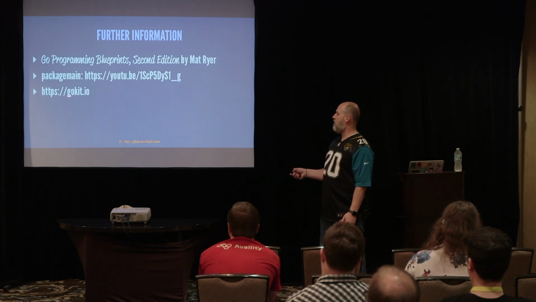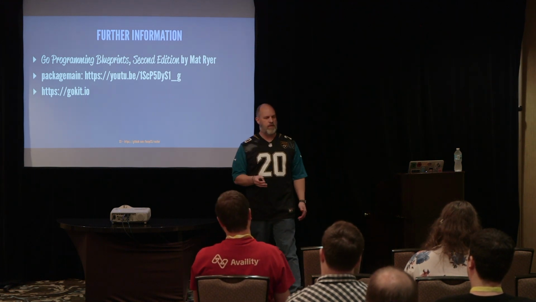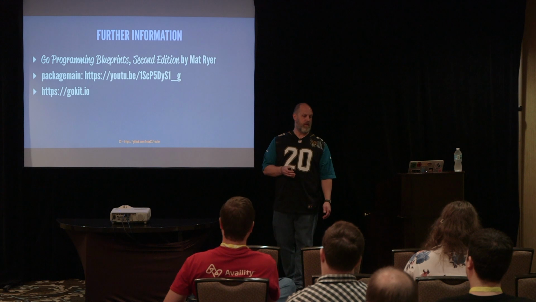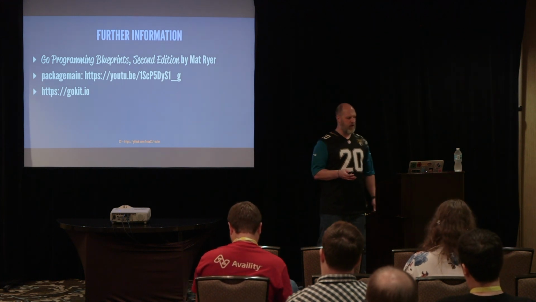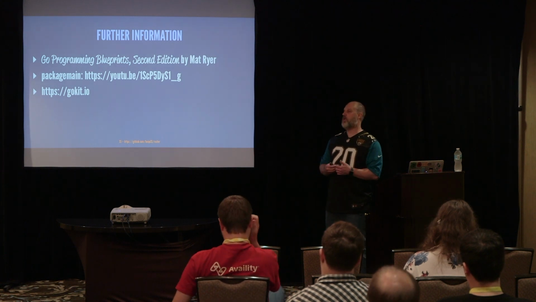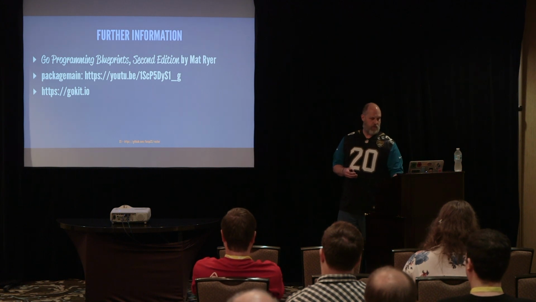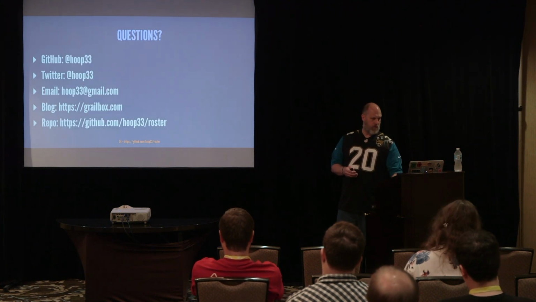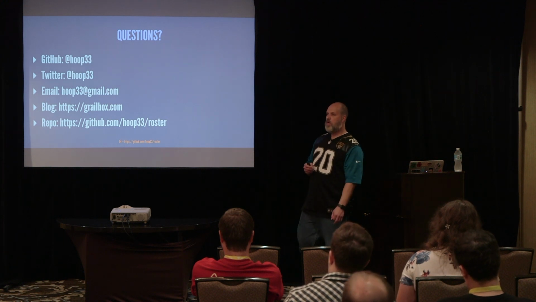And then here's more information about GoKit. In GoKit, they have quite a few examples, about 5 or 6 or 7, of GoKit code that shows how to create these things, how to map these to HTTP, to gRPC. And that's the end. What questions do you have?